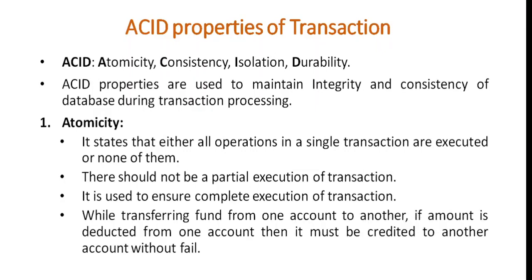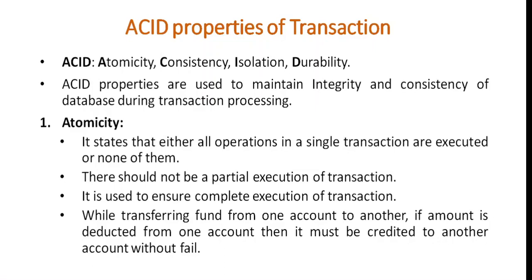Like in the previous example, if we are transferring funds from one account to another account, and if the amount is deducted from one account, then it must be credited to the other account without any failure. See, that transaction consists of two parts: deduction of the amount from one account and crediting the amount to another account.